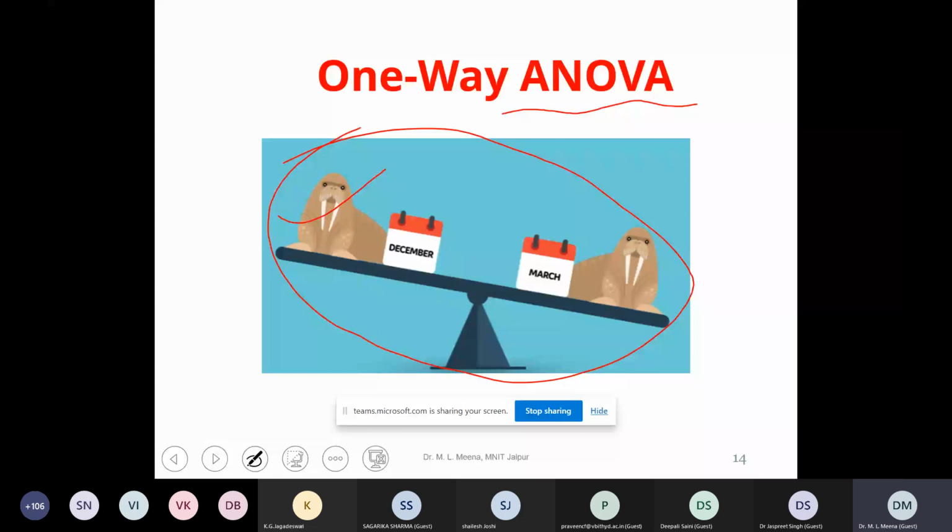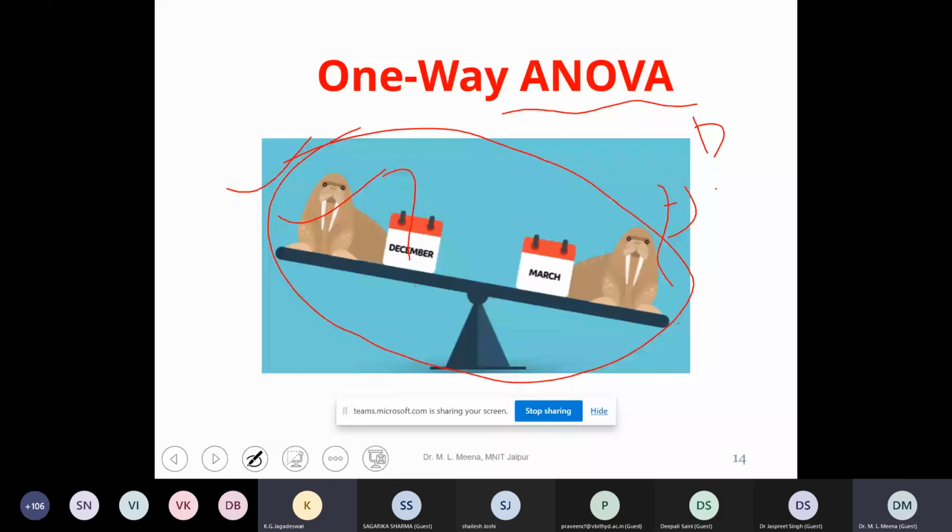So in an ANOVA, our independent variables are organized in categorical groups. For example, if the researcher looks at walrus weight in December, January, February, and March, there would be 4 months analyzed, and therefore 4 groups to be analyzed.